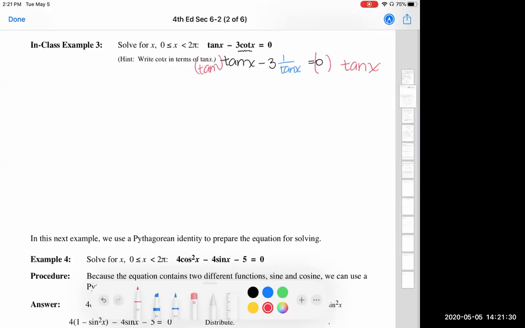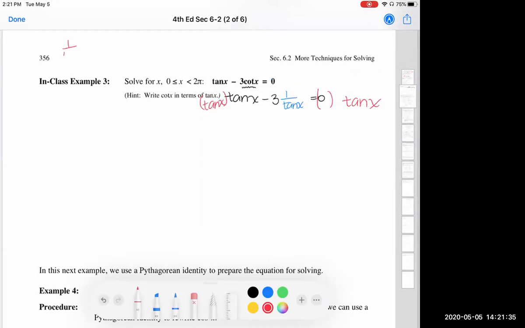Now, why are we doing this? We're doing this because we have a 1 over tangent of x. And we know that if we multiply by a tangent of x, that would make it cancel. So your hopes are to get rid of that fraction. All right, now let's multiply.